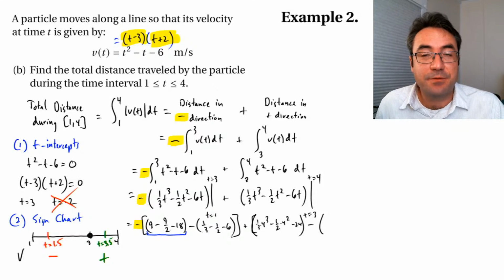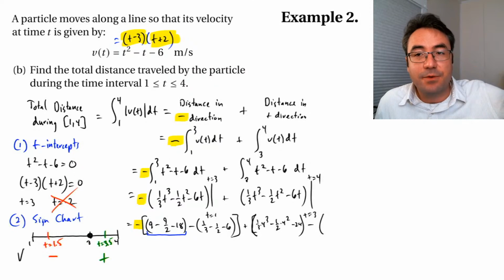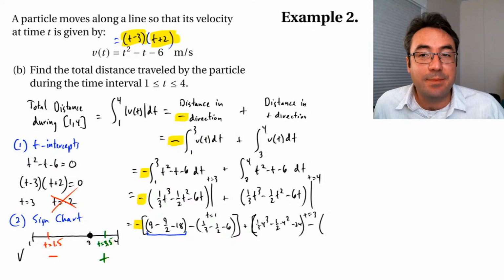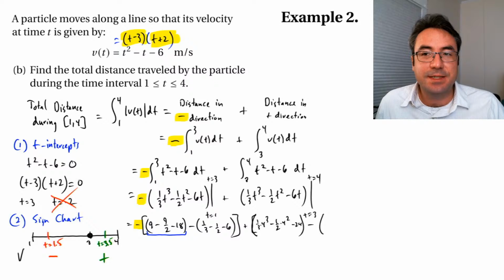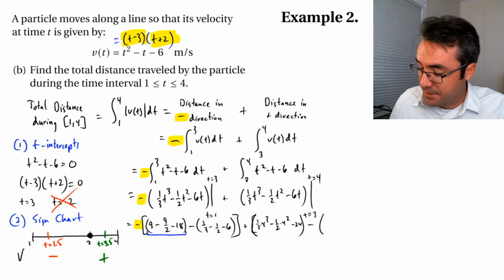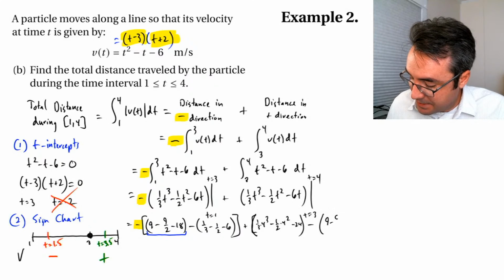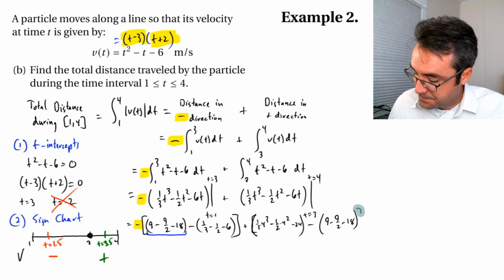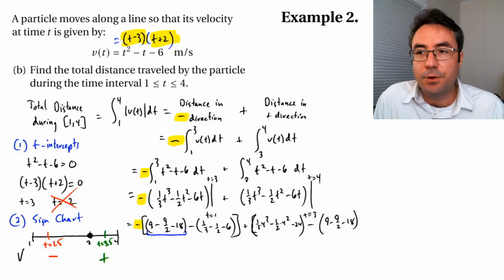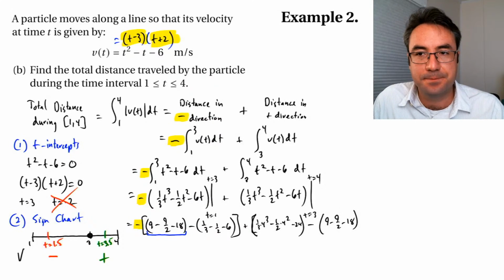So when we did that first evaluation, we plugged 3 in, kept the negative out in front. We plugged the 3 in. We got 9 minus 9 over 2 minus 18. When we do the evaluation for that second integral, we're going to have the exact same thing. So we'll have 9 minus 9 halves minus 18. So a whole bunch of evaluating there.